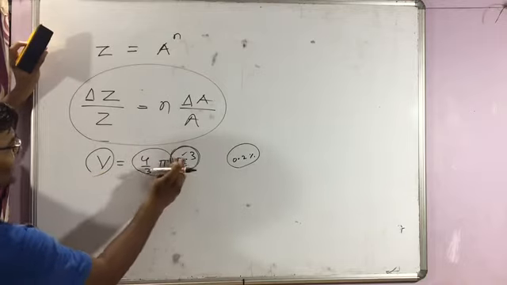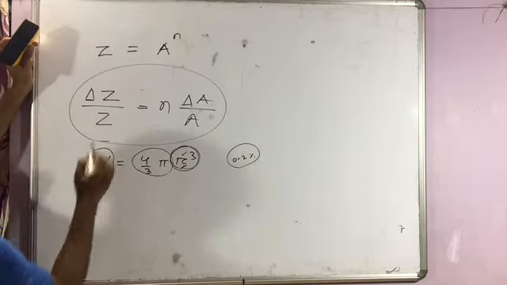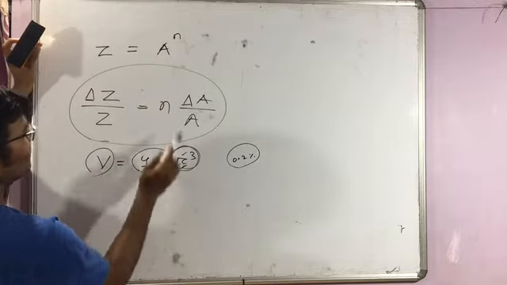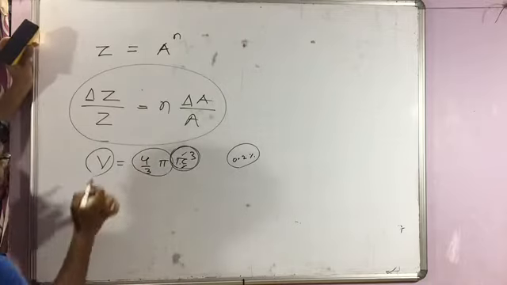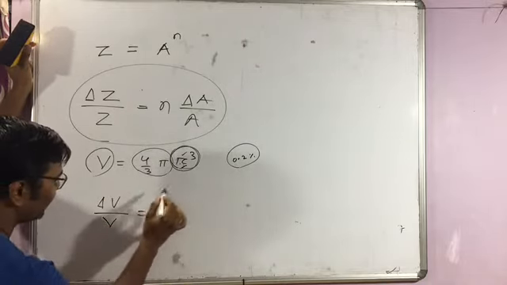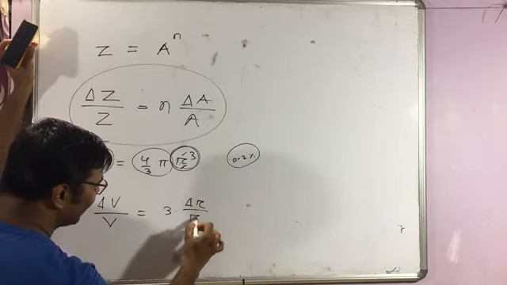V depends on R to the power 3, so A stands for R and n is equal to 3. According to our formula, del V by V is 3 into del R by R.